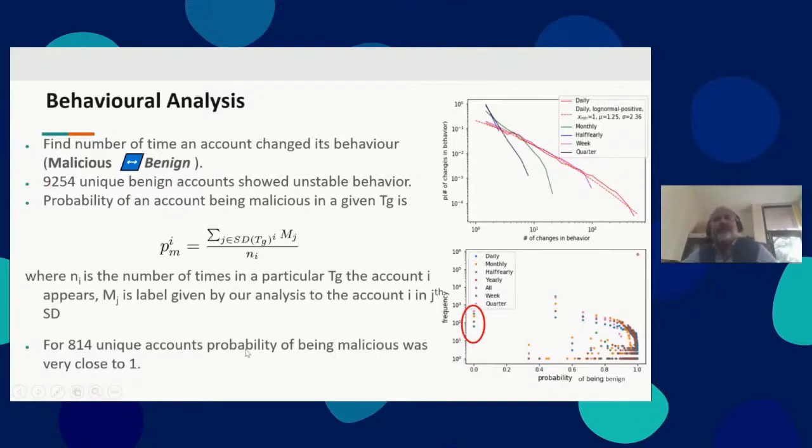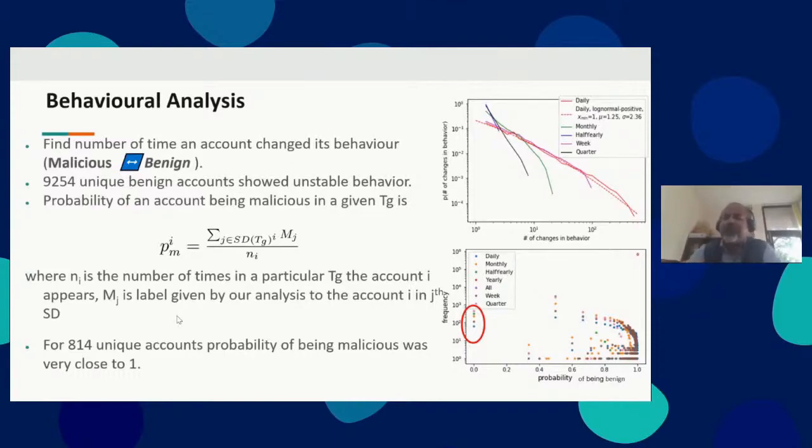These accounts were not yet marked by Etherscan or anybody. So if our calculations are right, these are pretty dangerous accounts, and people should be discouraged from interacting with these accounts.